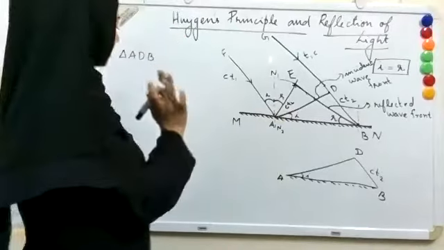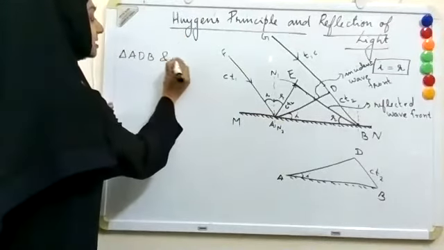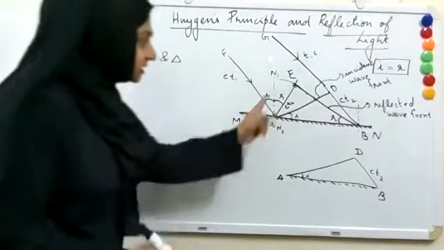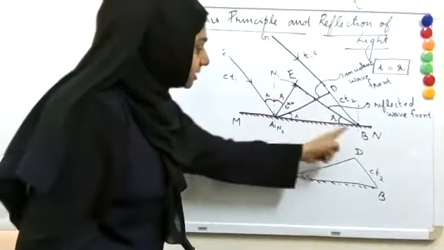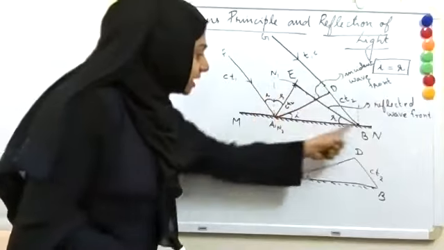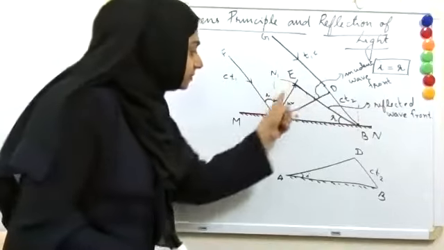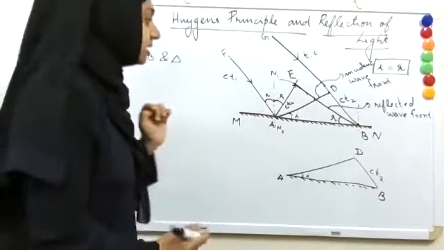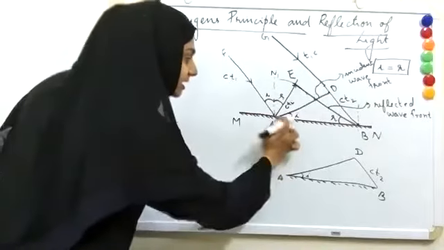This is one triangle. And consider the triangle containing R, that is ABE. I am drawing ABE here.